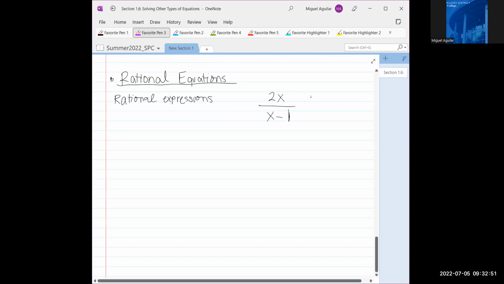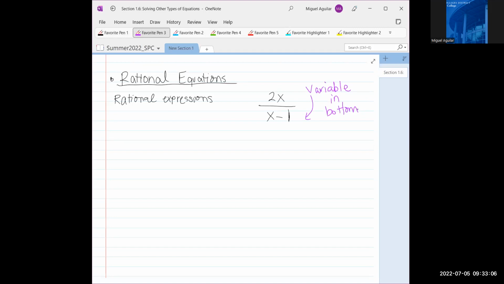and that causes some problems for us, right? Because if we have a variable in the denominator, or in the bottom of a fraction, then depending on the value of x, depending on the value of the variable, it's possible that that expression could force us to divide by 0, which last time we saw you can't do, right?